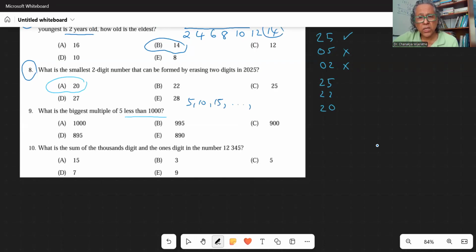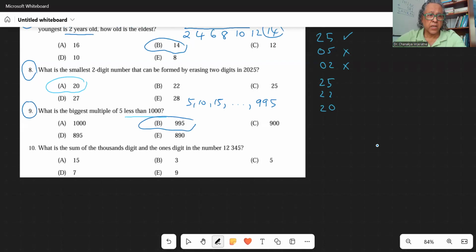And then there is one next to 1,000, but less than 1,000. Now, 1,000 is also a multiple of 5. And the one next, smaller than 1,000, should be 5 less than 1,000, which is 995. And that's the answer.